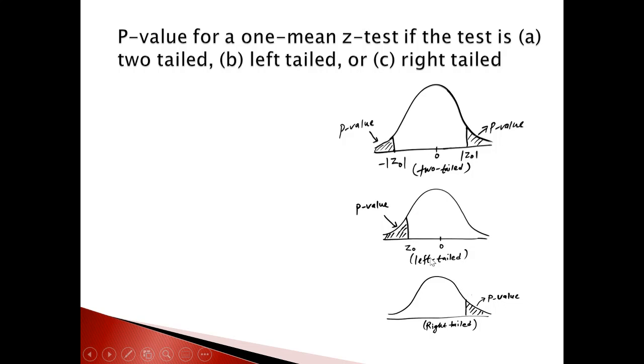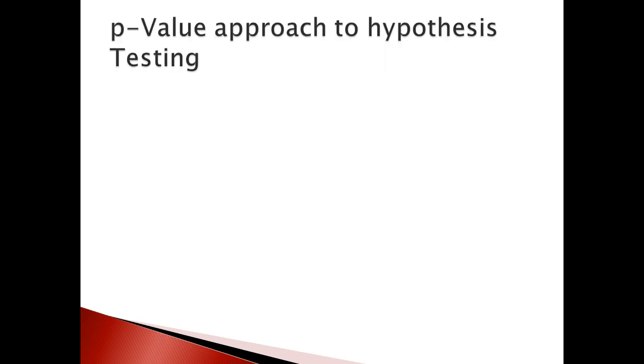And for a left tail test, you'll have only one region to the left of that critical value, and for a right tail test, you'll have only one region to the right. So we'll find these areas, and if this p-value is less than or equal to the significance level alpha, then we reject the null hypothesis. Otherwise, we fail to reject the null hypothesis.